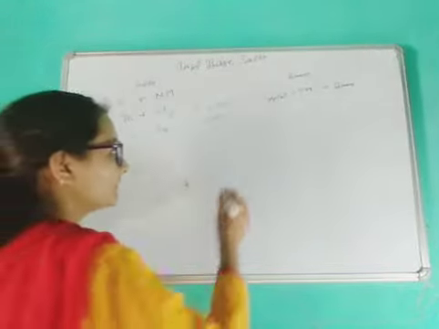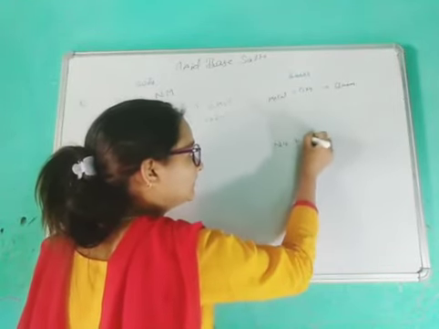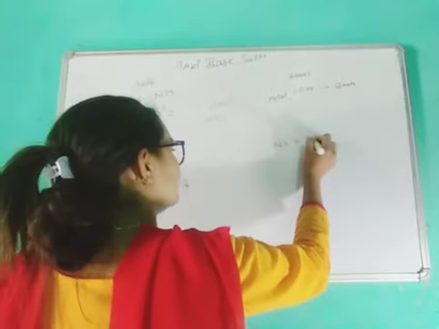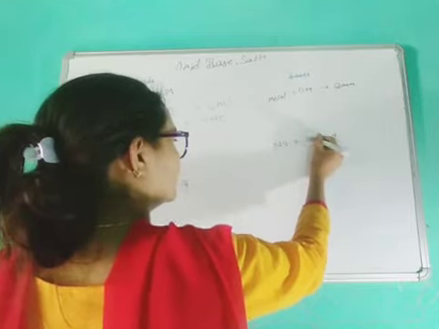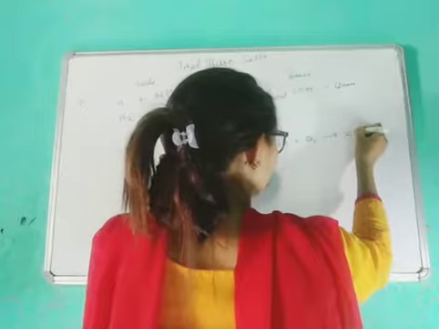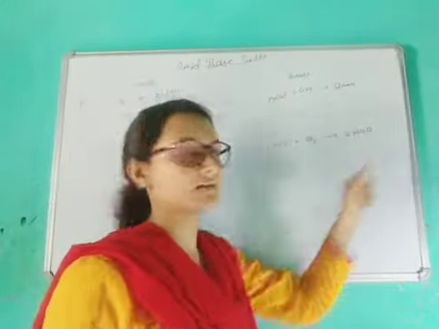For example, you have sodium, and you react Na with oxygen. It will form Na2O. This is sodium oxide.